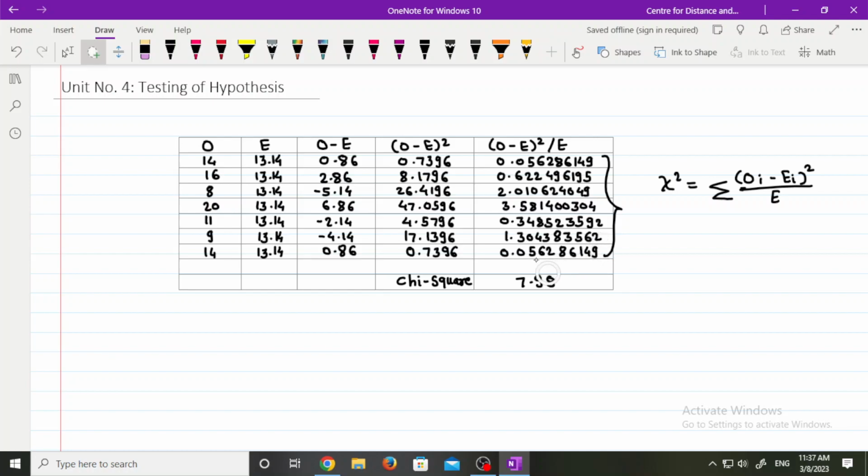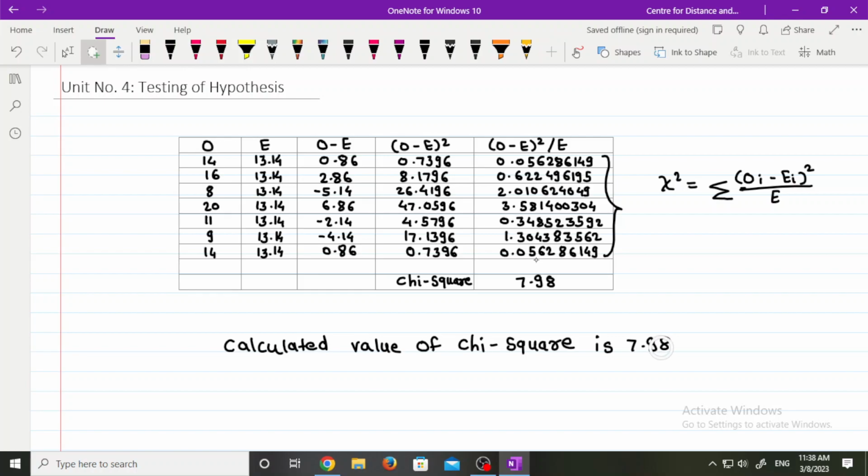Then here we get 7.98, that is chi square is 7.98. This is our calculated value of chi square.